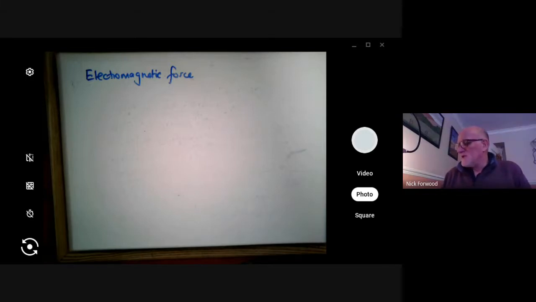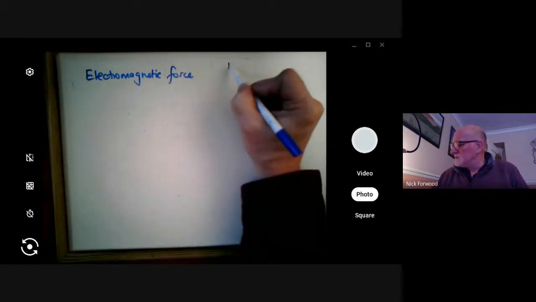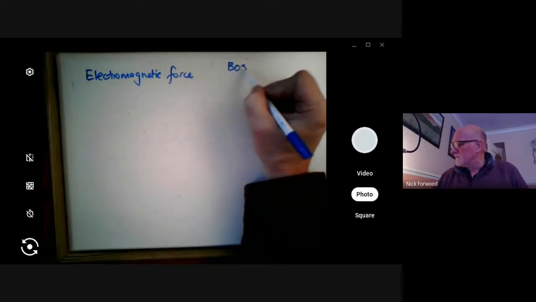Now we have a name for the group of particle that does this, and it doesn't matter whether it's the electromagnetic force or the weak force or the strong force or the gravitational force. There is a group name for the particle, and the group name is called a boson.